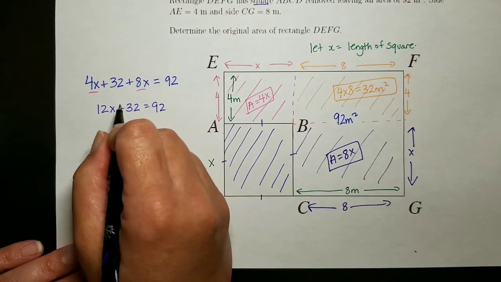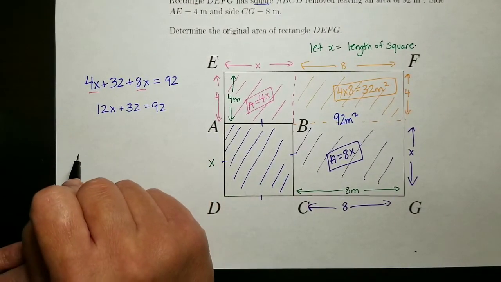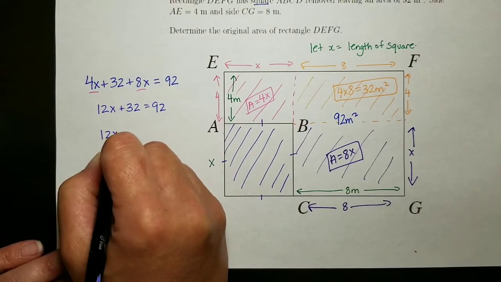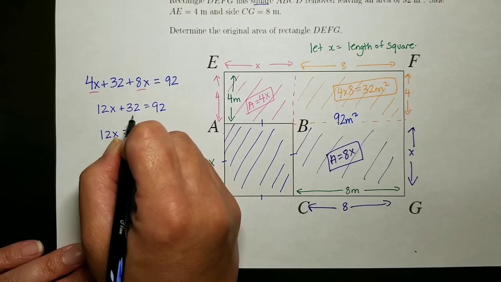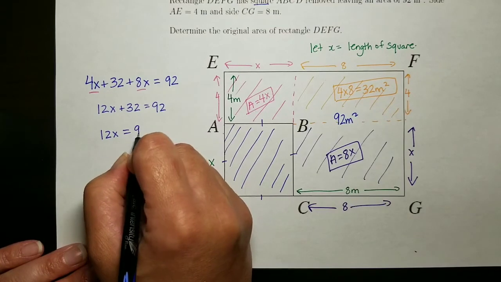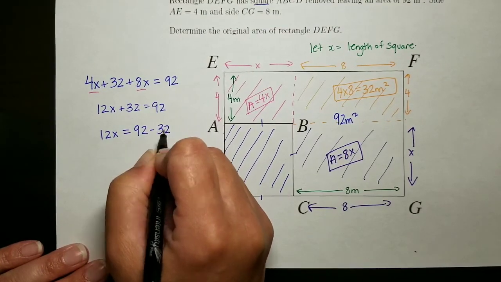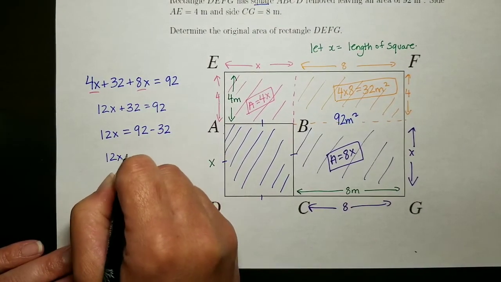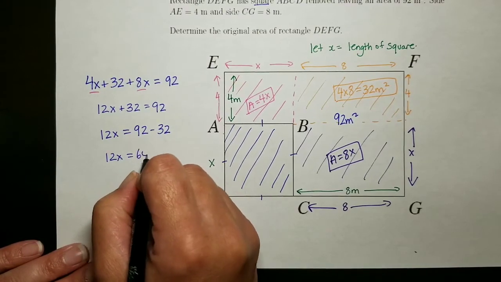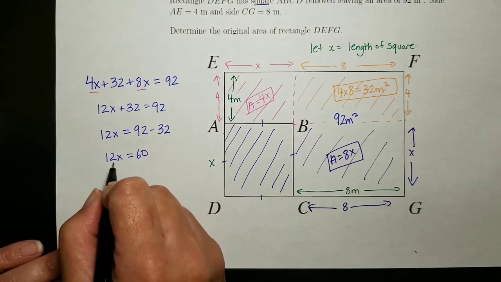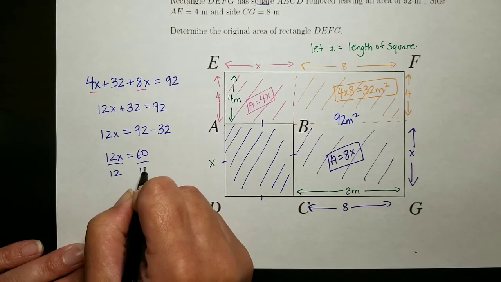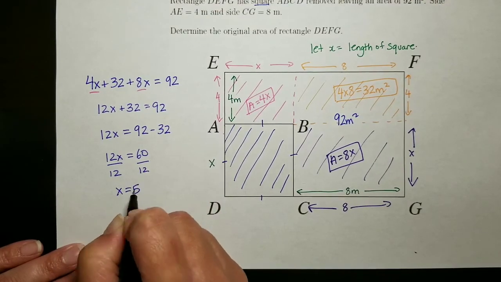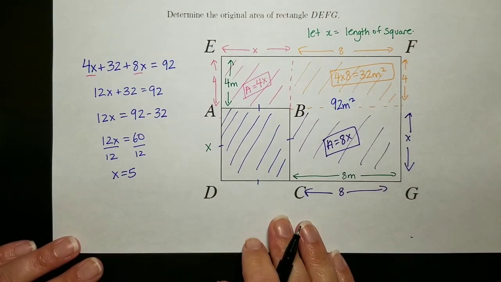And now I'm going to solve this equation. This is like one from yesterday. So 12x equals, I'm going to subtract 32 from both sides. So I get 92 minus 32. 12x equals 60. And then 12 times x, I can undo that by dividing by 12. And I get x equals 5.